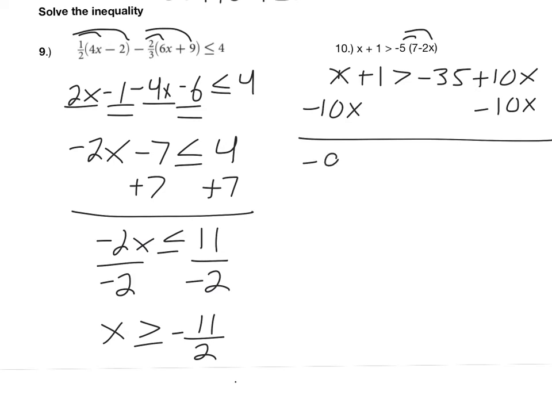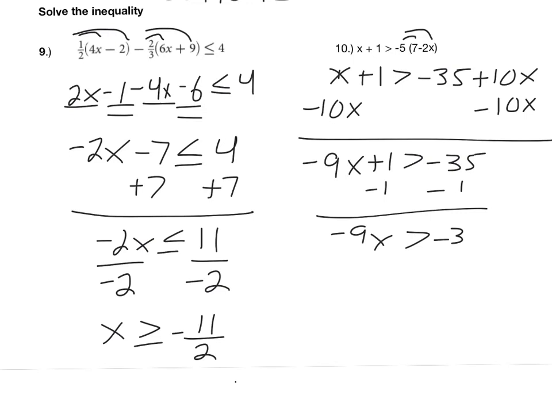If I do that, I get negative 9x plus 1 is greater than negative 35. And then if I subtract my 1 on both sides, I get negative 9x is greater than negative 36. And I'm dividing by a negative 9, so I must flip the inequality symbol. That would mean x is less than 4. Positive 4. A negative and a negative would be a positive.